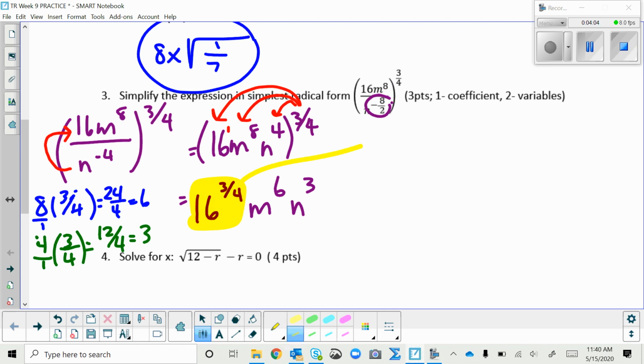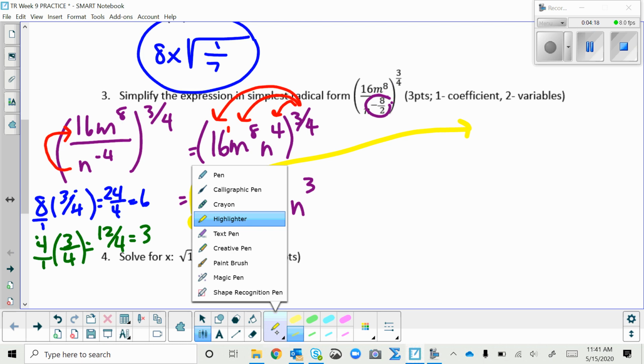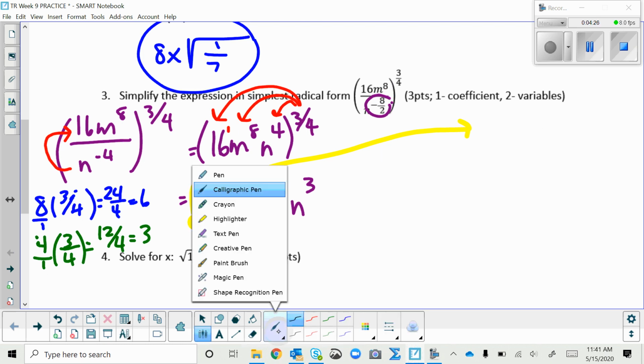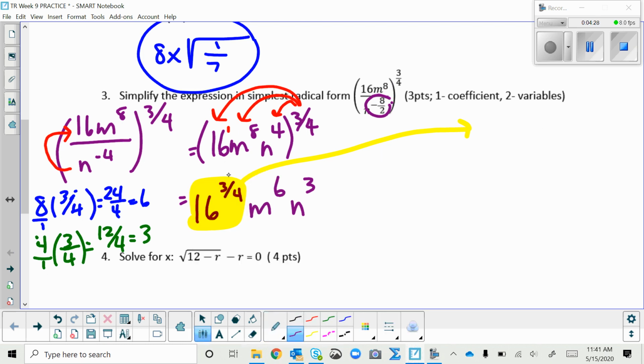So I'm going to go over here. 16 to the 3/4, we're going to do the root first. Okay, that's not. So the root first, dang it, get situated. All right, try this again.